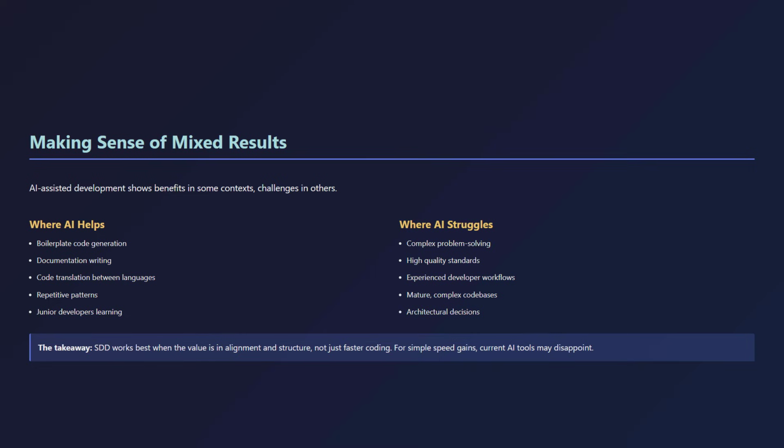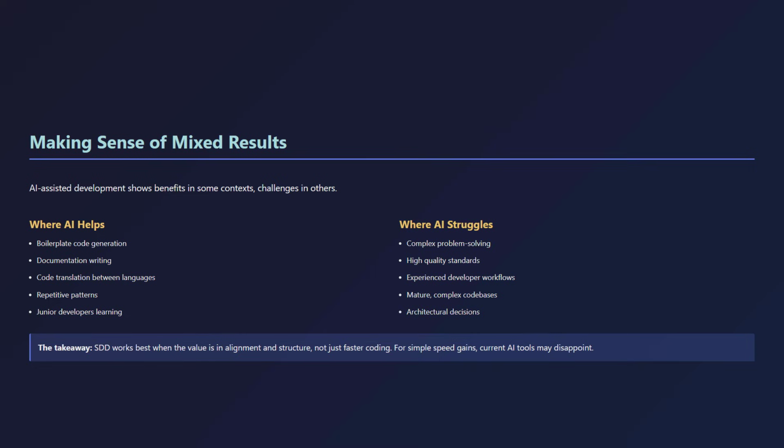AI helps significantly with boilerplate code generation, documentation writing, code translation between languages, repetitive patterns, and helping junior developers learn. AI struggles with complex problem solving, meeting high quality standards, fitting into experienced developer workflows, working with mature complex codebases, and making architectural decisions.